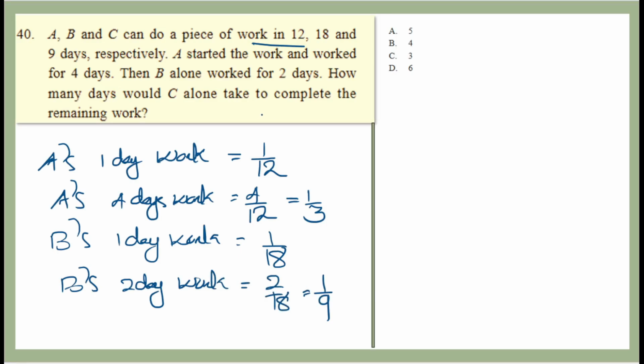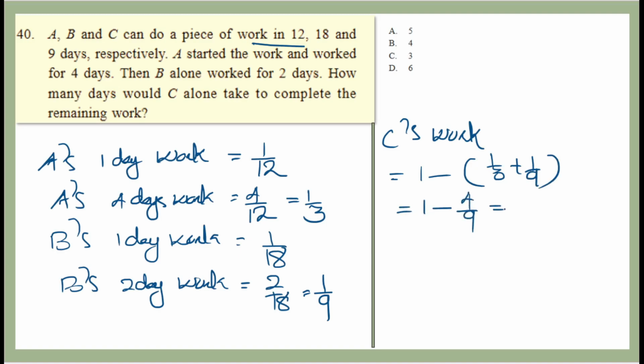Now the remaining work to be completed by C equals 1 minus of 1 by 3 plus 1 by 9 equals 1 minus of 4 by 9 equals 5 by 9.